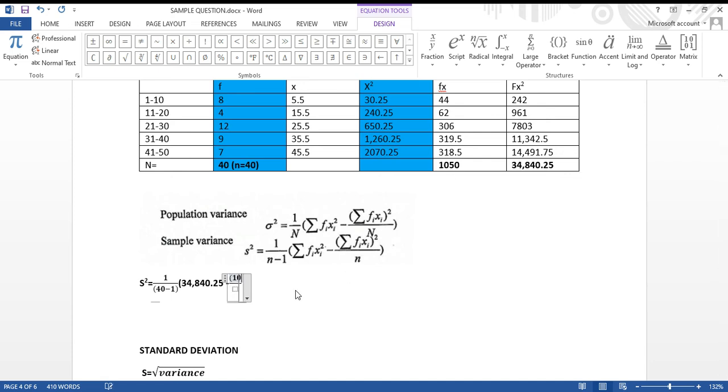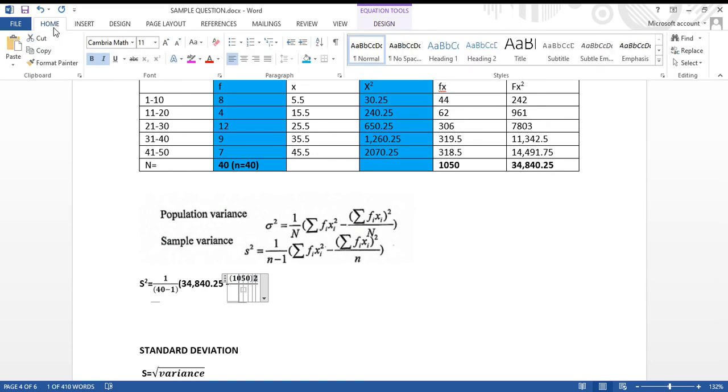So 1050 squared, divided by 40. Divided by 40. Close brackets.